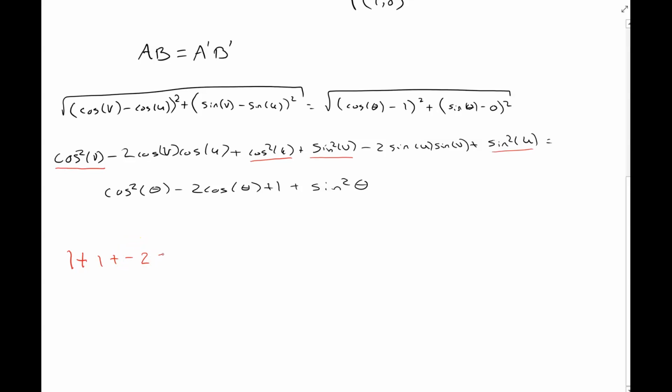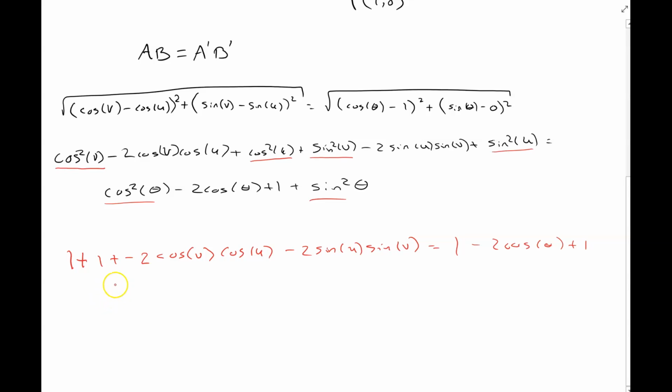And then I have the 2 cosine v times cosine u minus 2 sine u sine v. And then down here I see the same thing, right? I have a sine squared theta and a cosine squared theta. And then I still have minus 2 cosine theta and then the plus 1. Everybody's okay there?